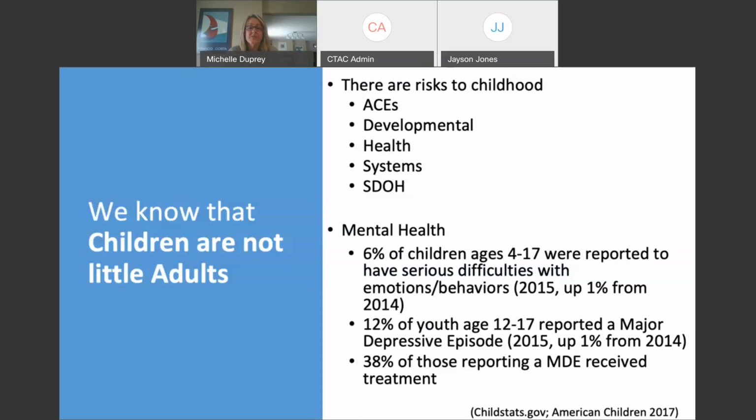From Child Stats, this is a little old, 2017, but I did look and it's pretty much the same: 6% of children ages 4 to 17 were reported to have serious difficulties with emotions and behaviors, and that's up 1% from 2015, which is up 1% from 2014. Serious difficulties means that child would likely be served in the community mental health arena.